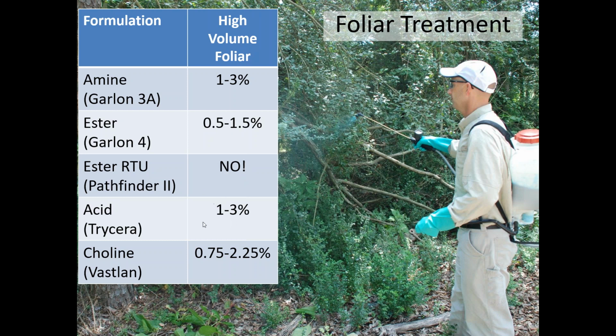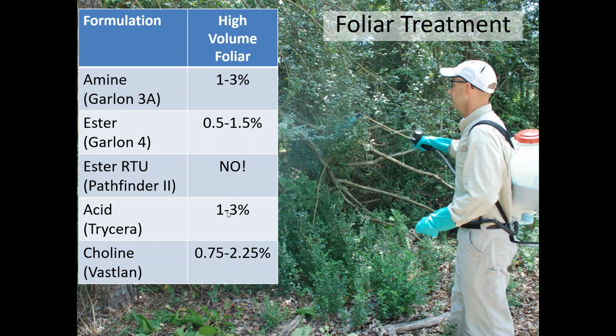The acid formulation, it's going to be around 1 to 3%. So you say it's similar to the amine formulation. You'll hear a lot of people talking about cutting this down and successfully using a lower concentration than you would for the amine formulation.